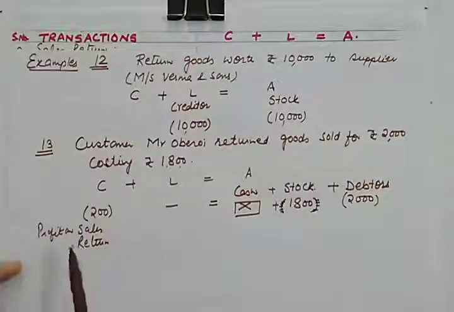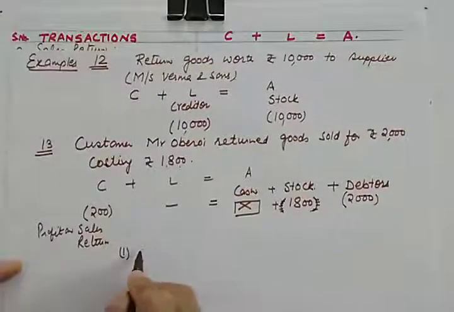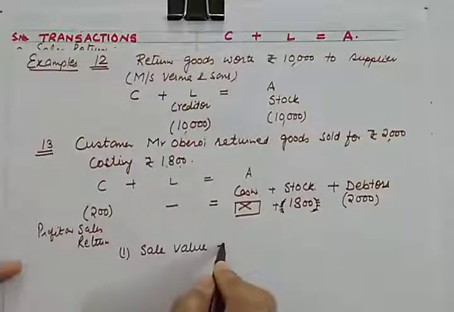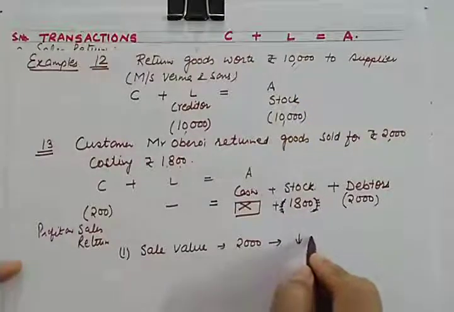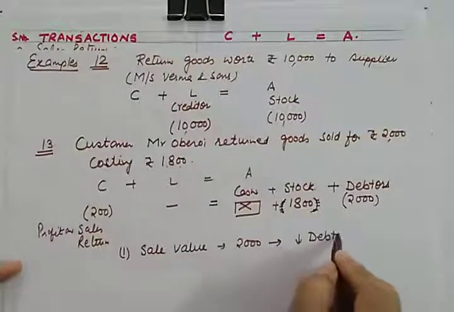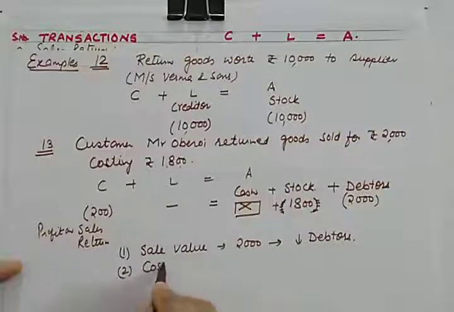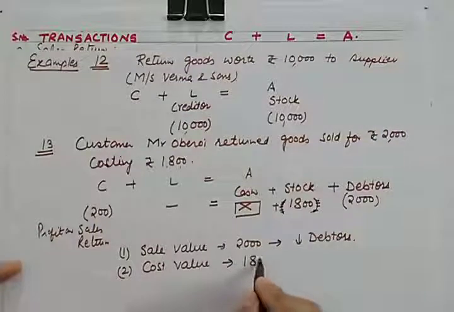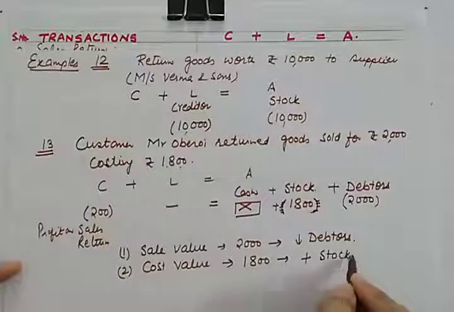So I repeat the statement. See, in this case there are three contents. First is sale value. Sale value is rupees 2000, so it is to be deducted from the debtors. Our debtors will be reduced. Second is cost value. Cost value is 1800. It will be added to the stock. Why is it to be added?